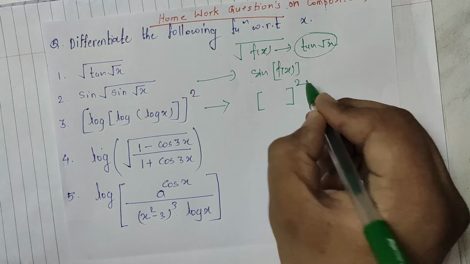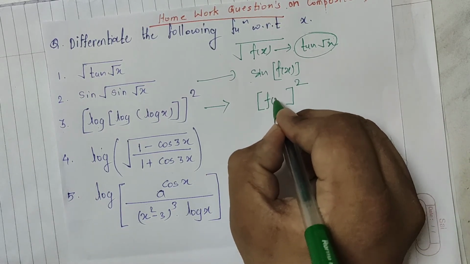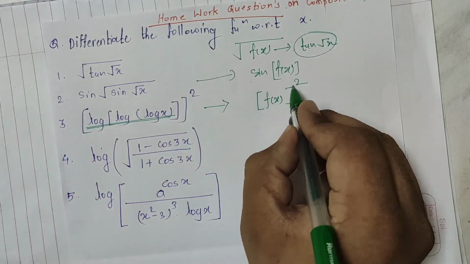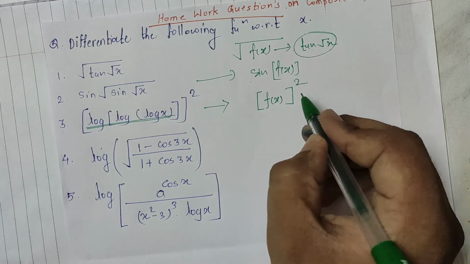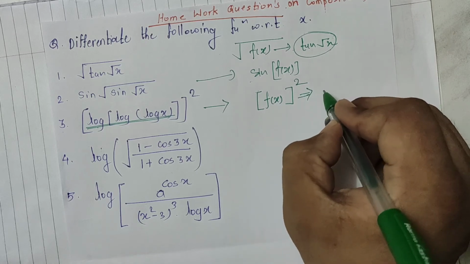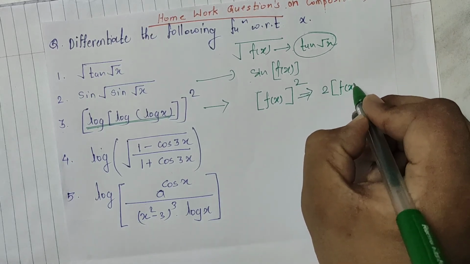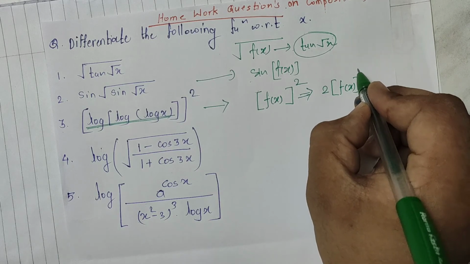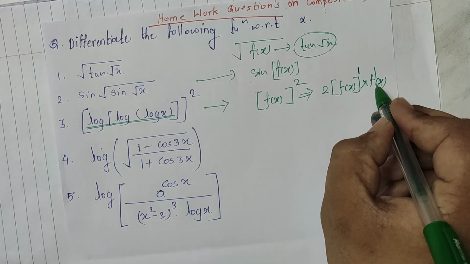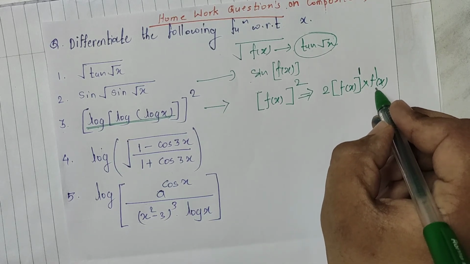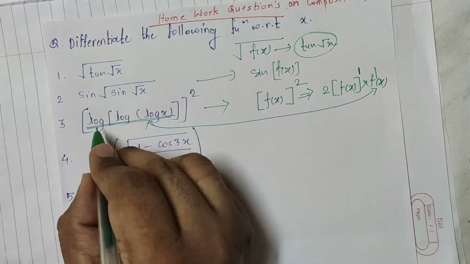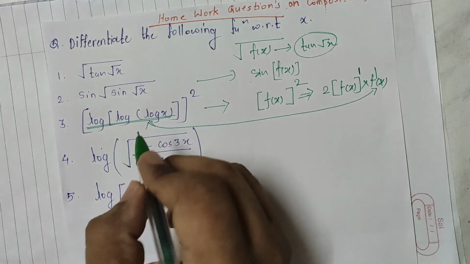Here the number is 2, and take the whole as f of x. F of x raised to n, n means here 2. So which formula is possible? The answer is 2 times f of x as it is raised to 2 minus 1, that is 1, into the derivative of f of x, f dash of x. What is f of x? Here we are finding the derivative of log of x.